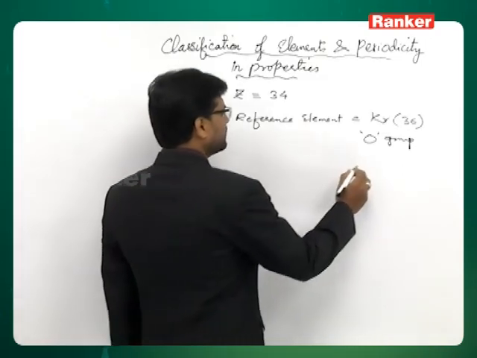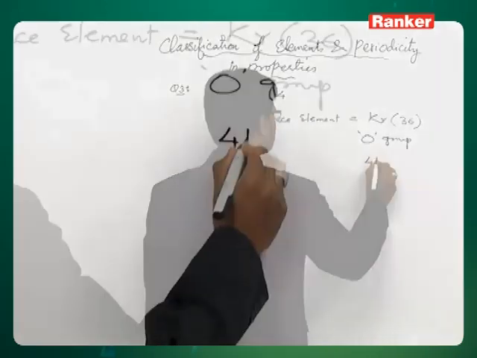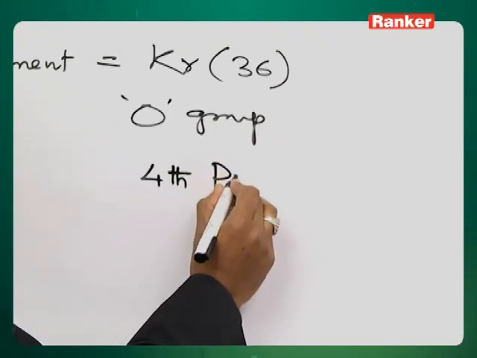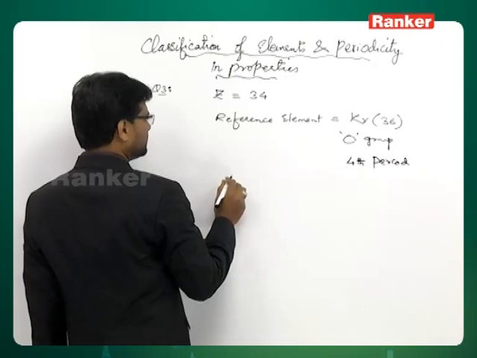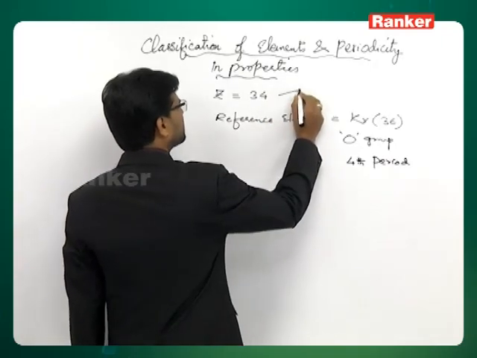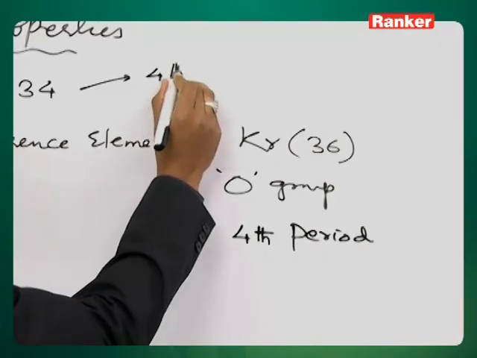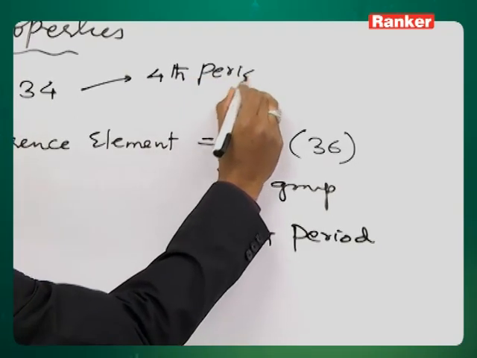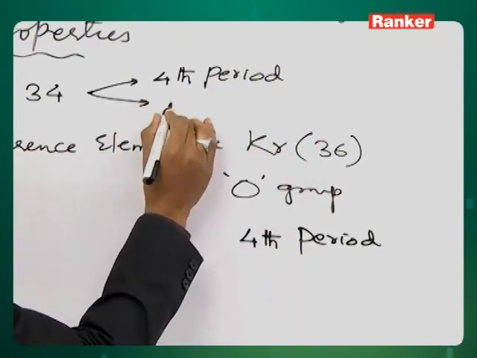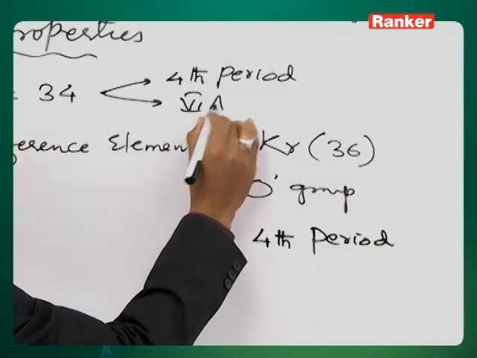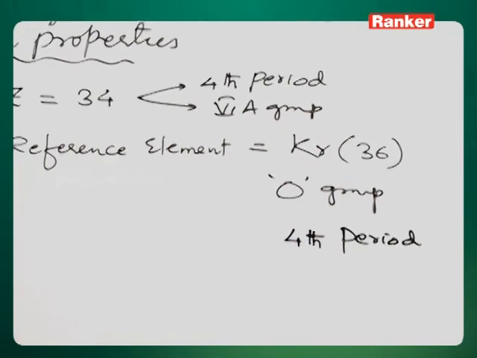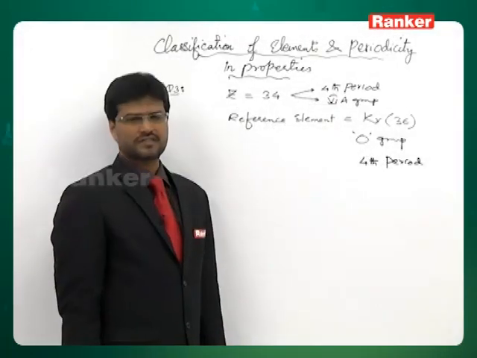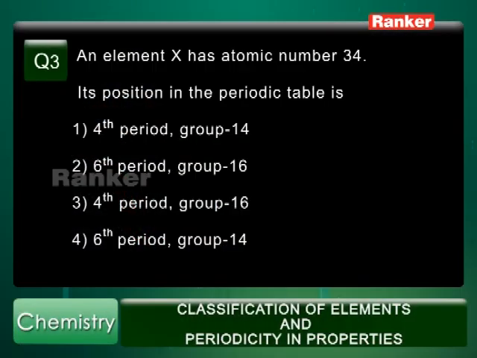So, krypton is fourth period, 0 group. So, our element has to be in the fourth period, but it should be 6th A group because its atomic number is 2 units less than that of krypton. So, the correct answer should be 4th period, group 16.